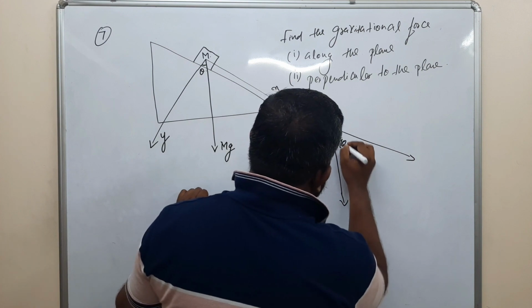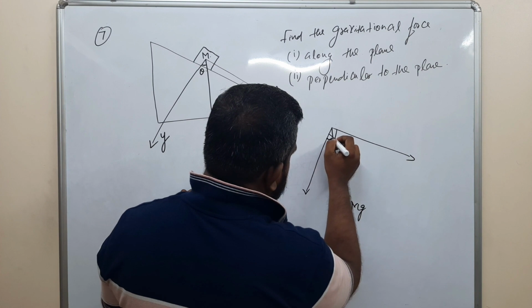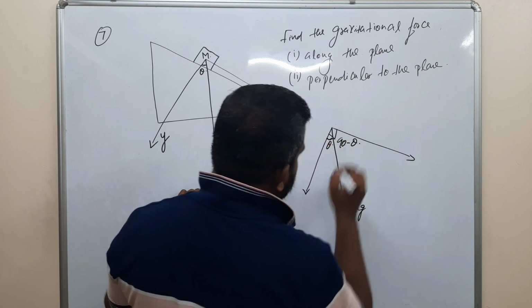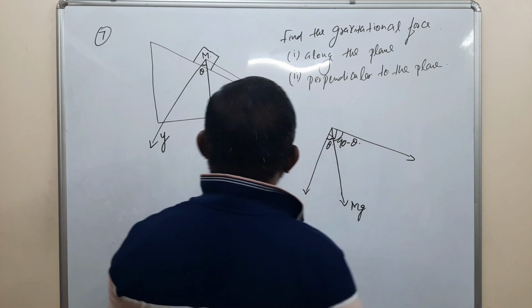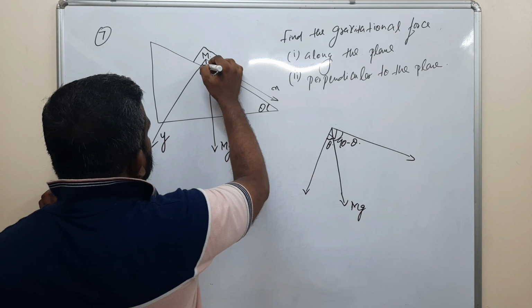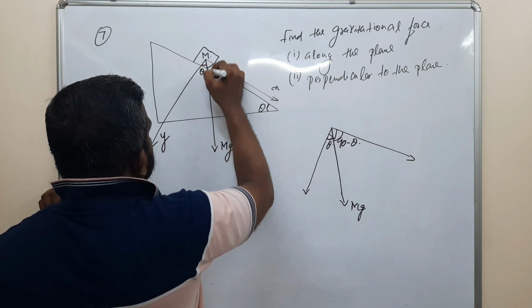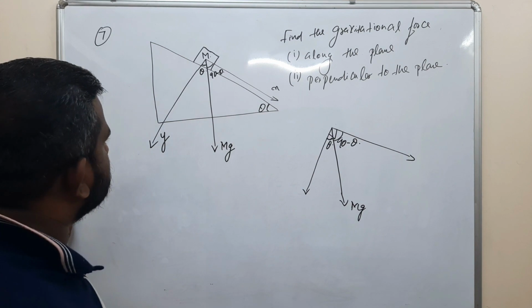The total between these two is 90 degrees, so if this angle is theta, this angle is 90 minus theta. Clear?